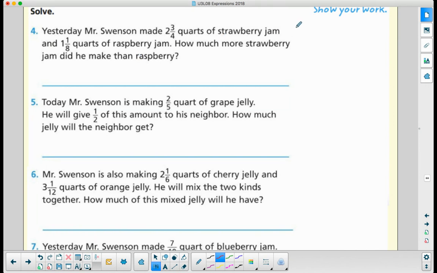So I'm not comparing. I already know this is more. I need to subtract. So I'm going to be subtracting 2 3/4, the greater number, so I'm going to start with that.